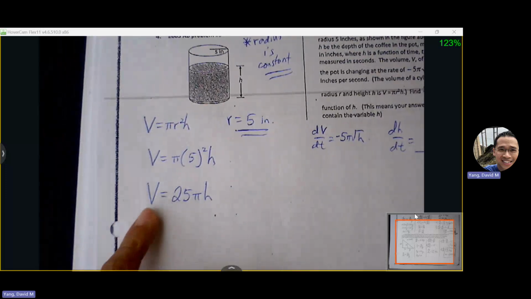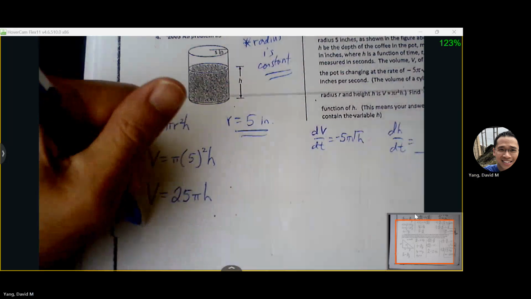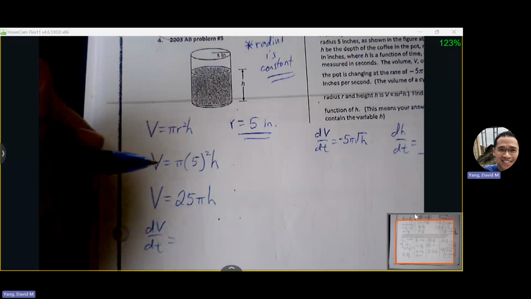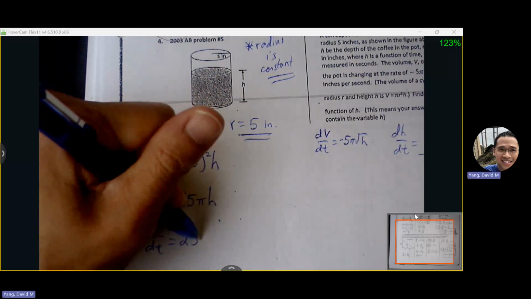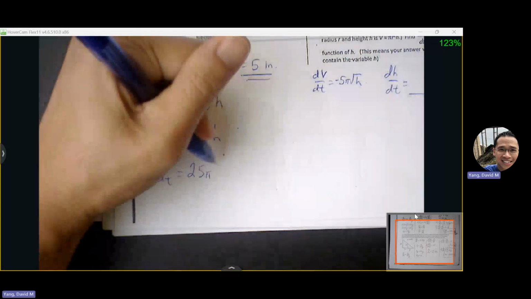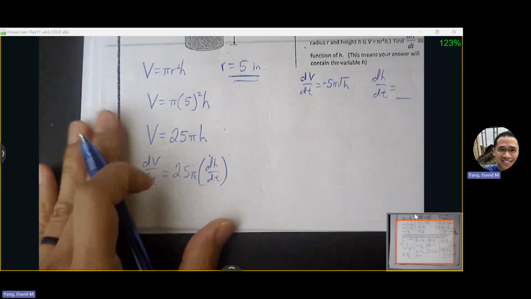V equals 25 pi h. Let's go ahead and find the derivative. V becomes dV/dt. 25 pi h becomes 25 pi, that's the coefficient, times dh/dt. We should be able to plug everything in.